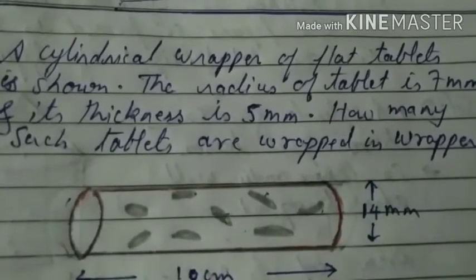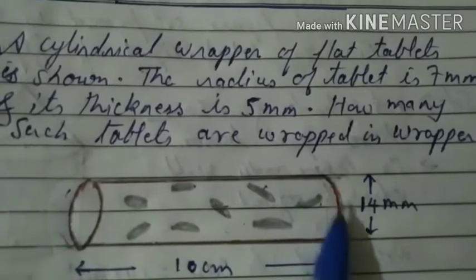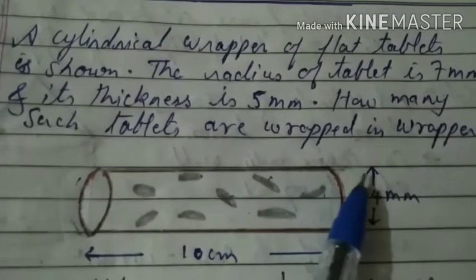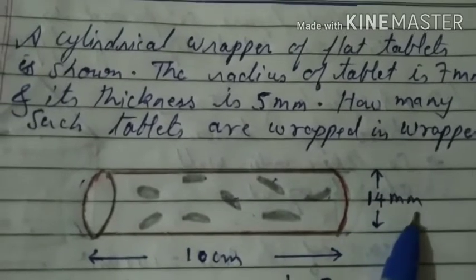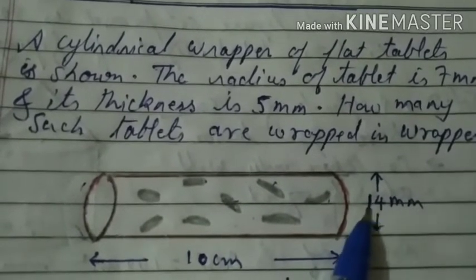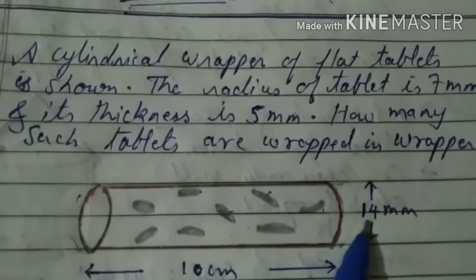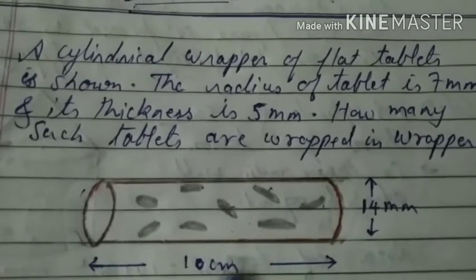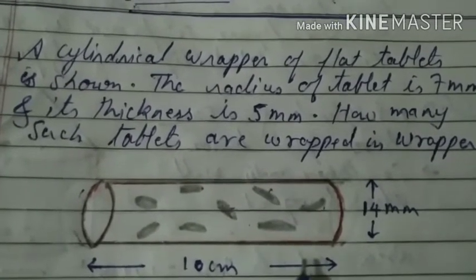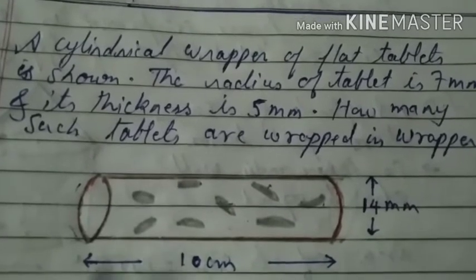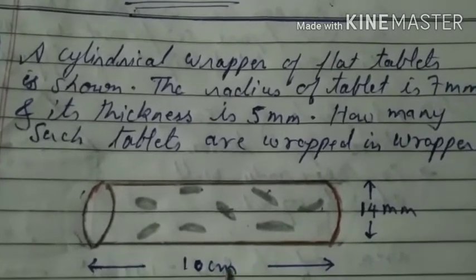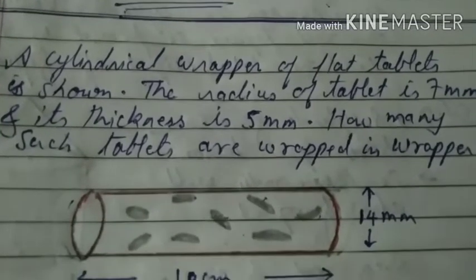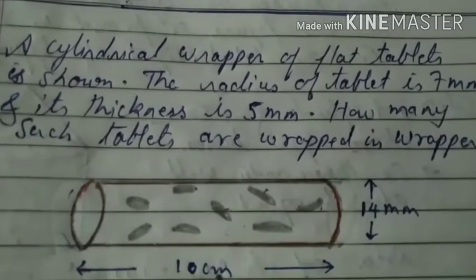So you can see this wrapper is cylindrical in shape, where the diameter is given 14 millimeter. So diameter is 14, means radius will be 7, half of 14 is 7. Again we can see the full height of the cylindrical wrapper is given, that is 10 centimeter. This is millimeter, so we'll convert this centimeter into millimeter.